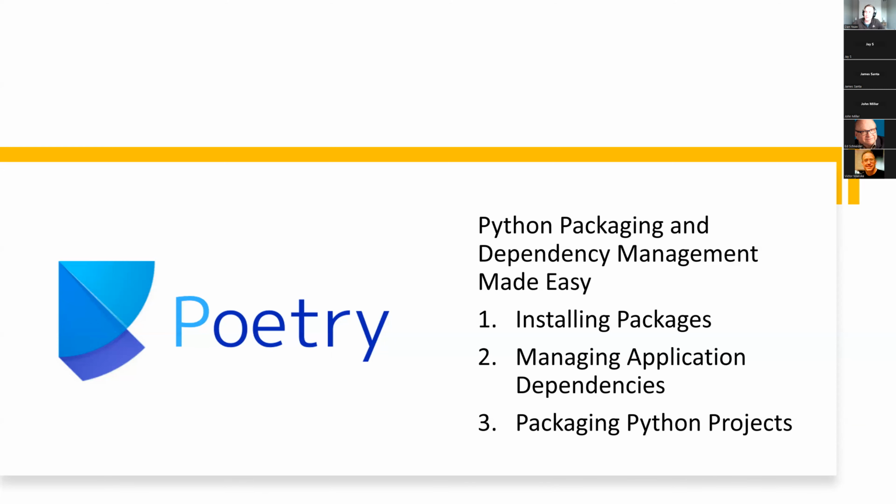Managing application dependencies. So this is also very important as you start adding more and more dependencies to your project. Some of your dependencies are going to depend on other libraries that must be installed as well. And maybe two of your libraries depend on the same library, and they may even depend on different versions of the same library.